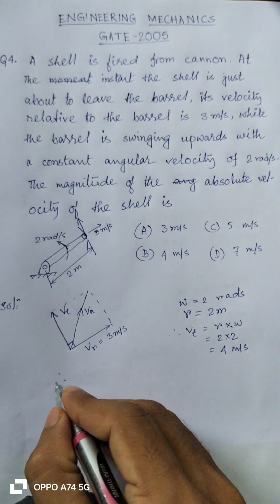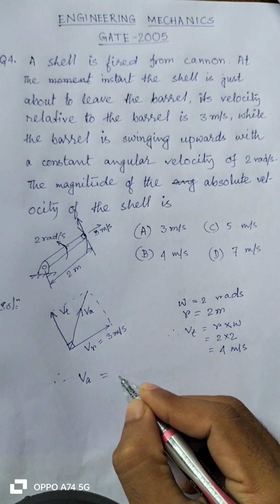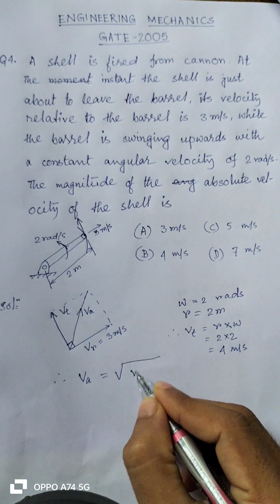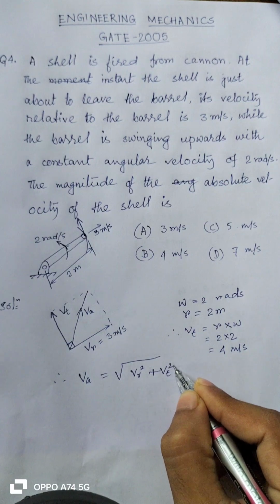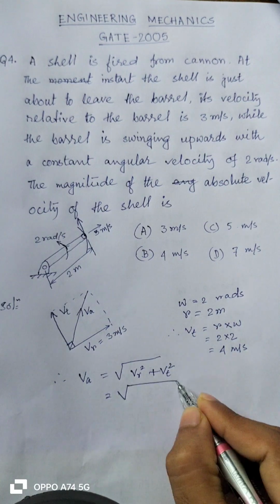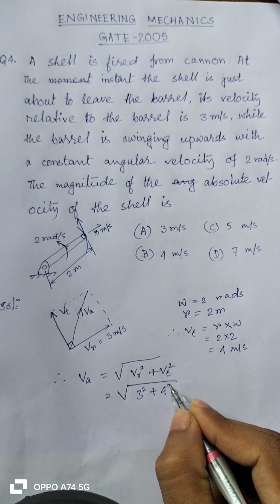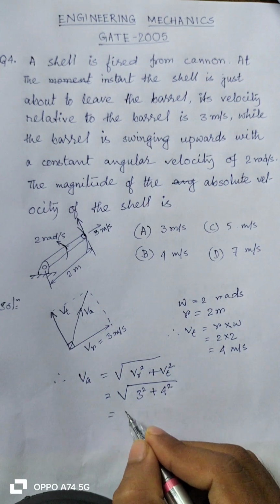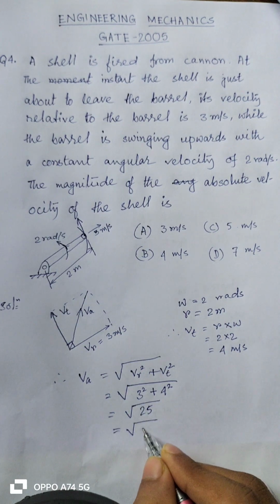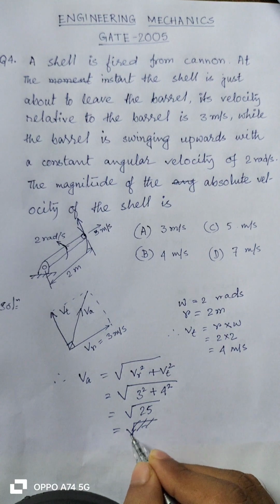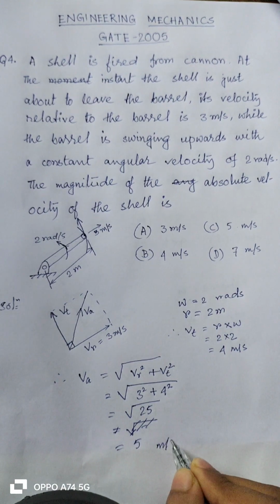Therefore Va is equal to root under Vr square plus Vt square, that is equal to root of 3 square plus 4 square, that is equal to 5 meter per second.